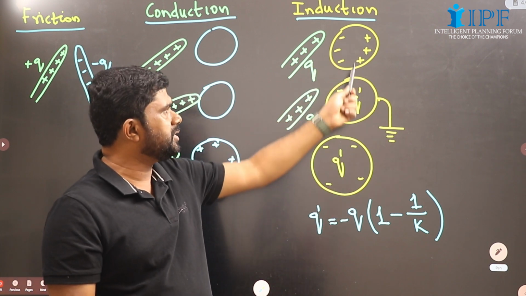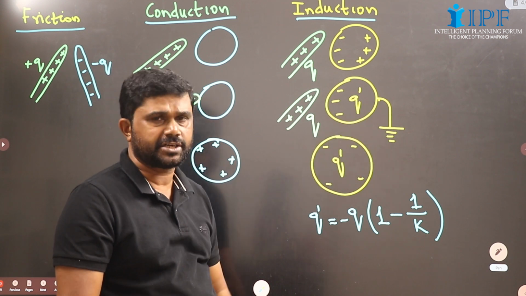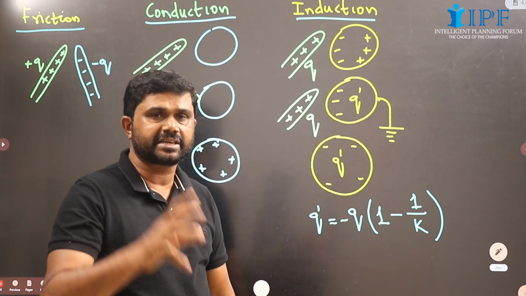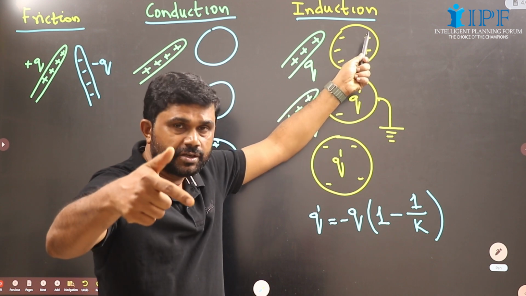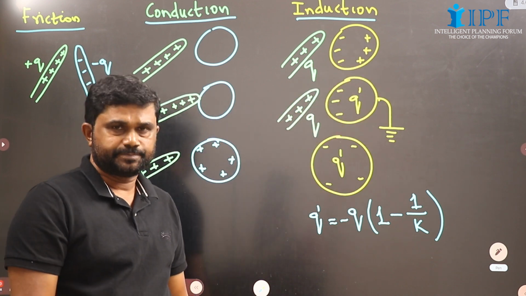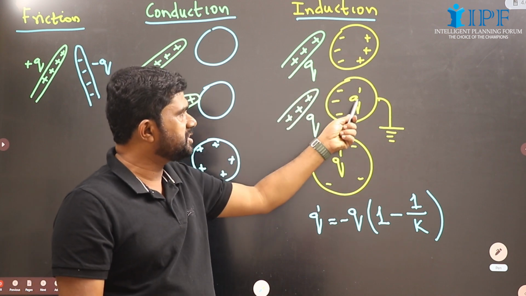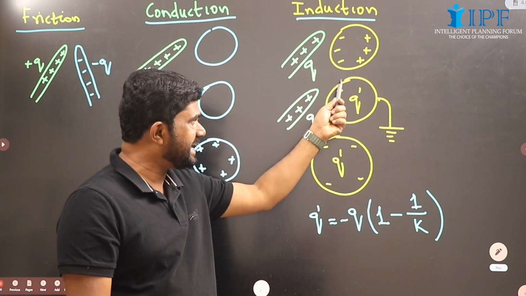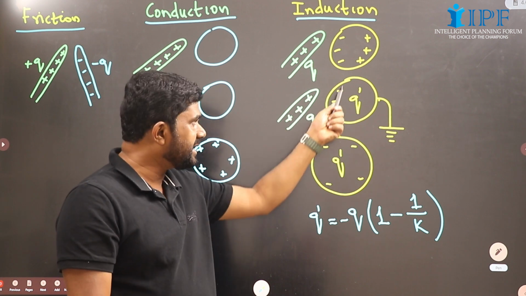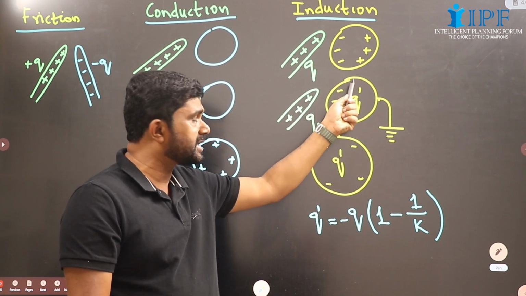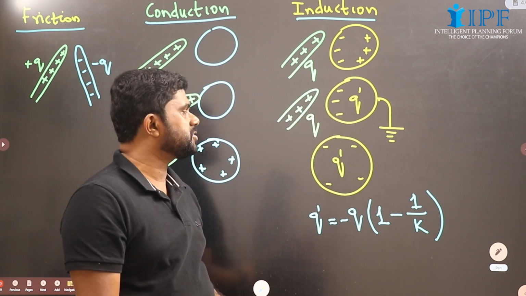Now when this end is connected to the earth by a conducting wire, the charge at the farther end will go to the earth. So here the positive charge goes to the earth. This negative charge, the induced charge, is held by the positive charge.